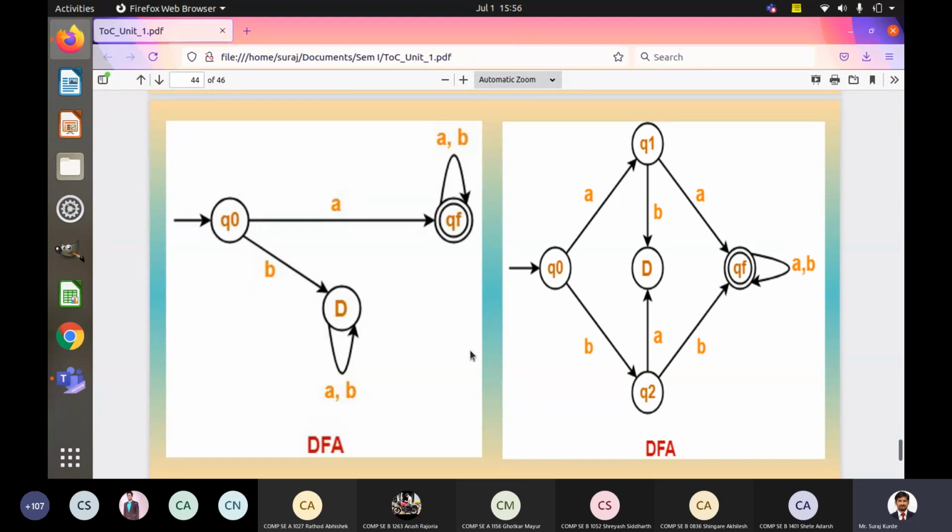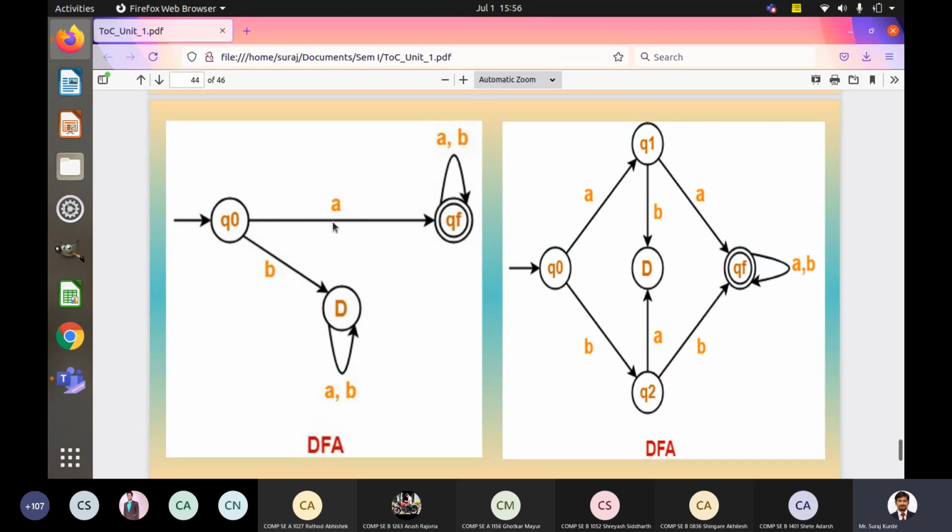So what does deterministic mean in a DFA? Here we have the state Q0, which is the initial state. For Q0 as the current state, if the input is a, the next state is QF.